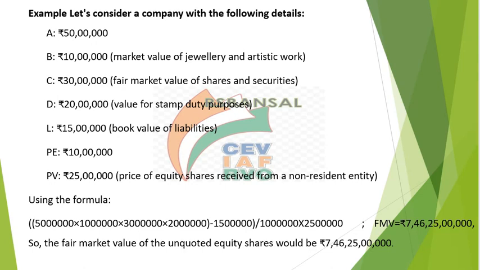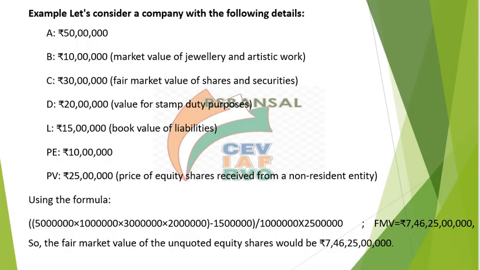For example, let A be 50 lakh, B is 10 lakh, the market value of jewelry and artistic work. C is 30 lakh, the fair market value of shares and securities. D is 20 lakh, the value for stamp duty purposes. L is 15 lakh, the book value of the liabilities. P is 10 lakh and PV is 25 lakh.